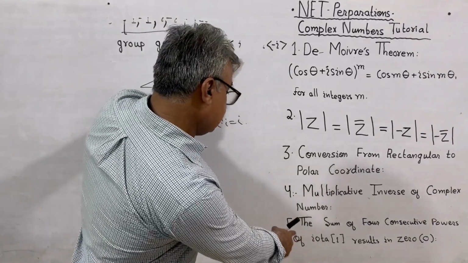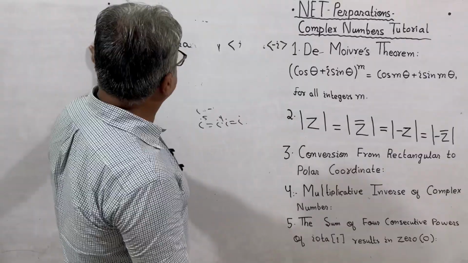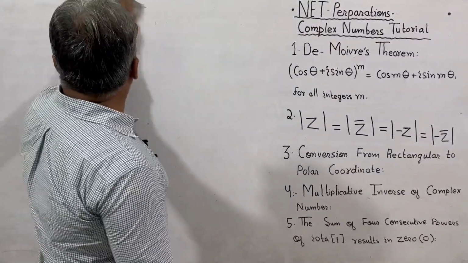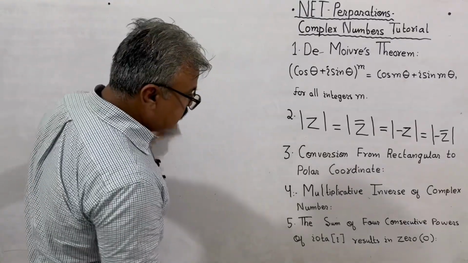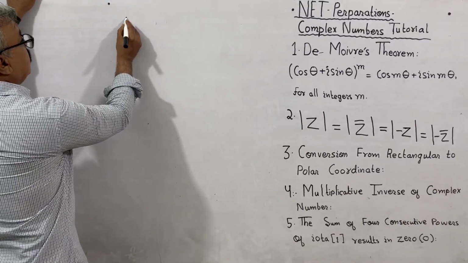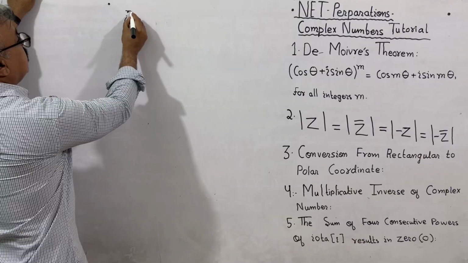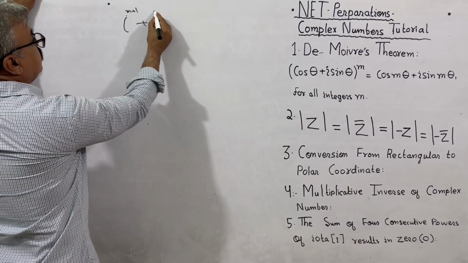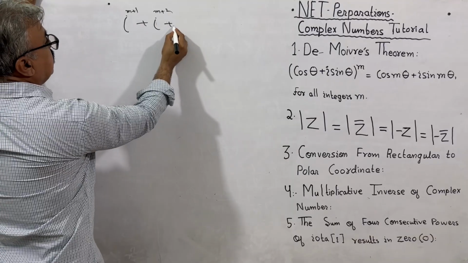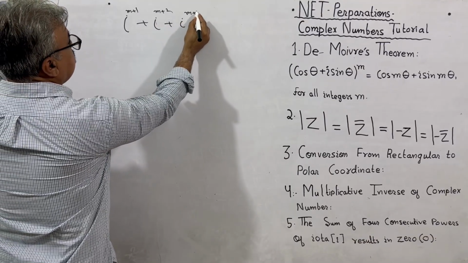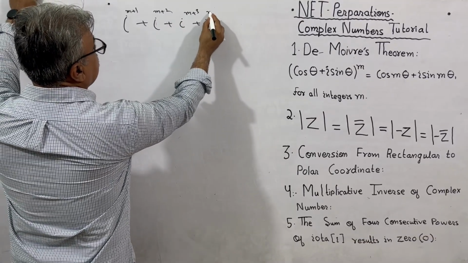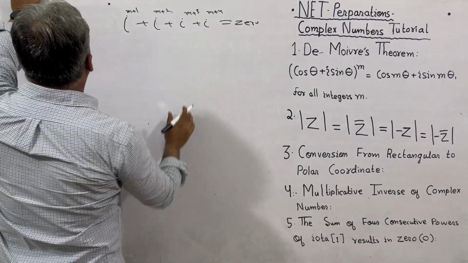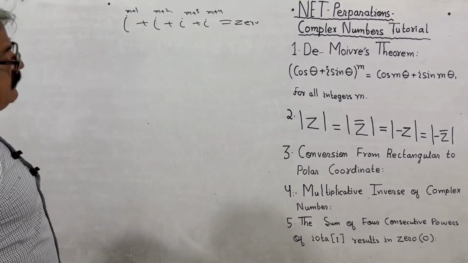Similarly, here I have another good question. The sum of four consecutive powers of iota always results in 0. Let's see and find out. Let me write iota raised m plus 1, taking four consecutive powers, m plus 2, m plus 3, and m plus 4. Their sum results in 0. Only four consecutive powers of iota.